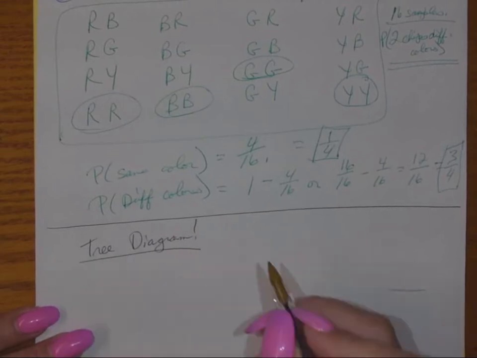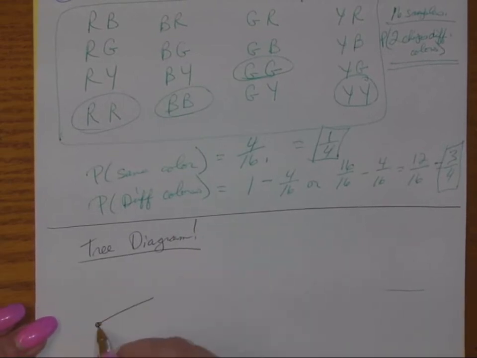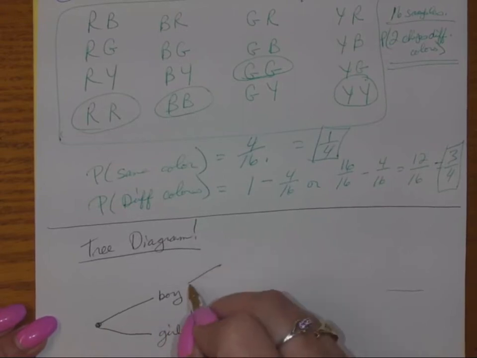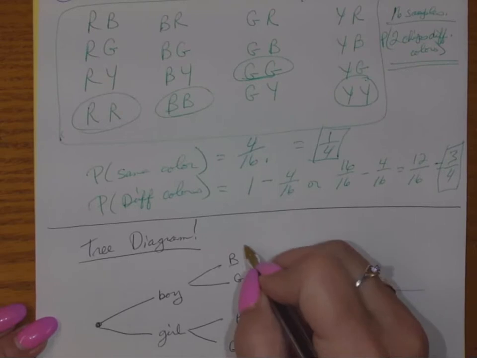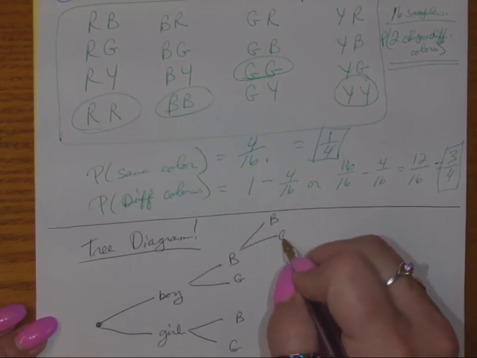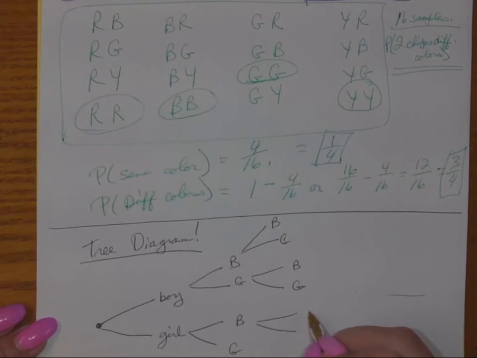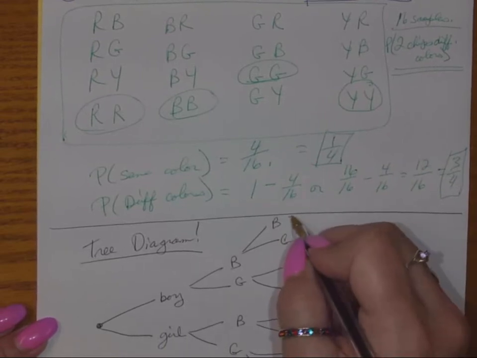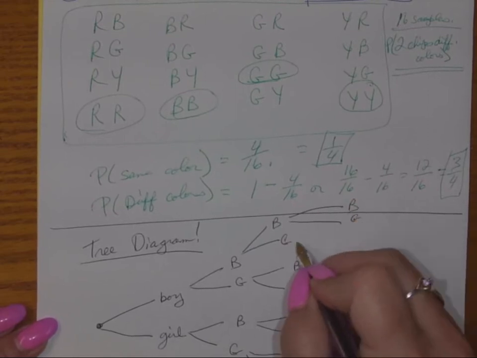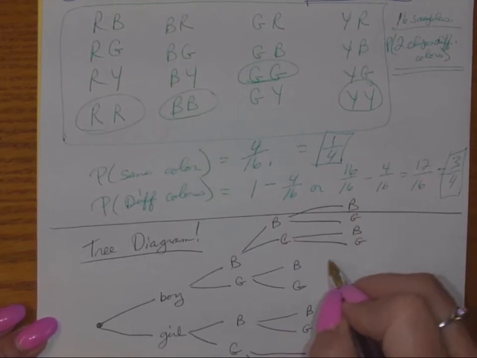We did those. So first baby, boy versus girl. Second baby, boy versus girl. Third baby, boy versus girl. For each of these. And last but not least, we've got boy, girl, boy, girl.